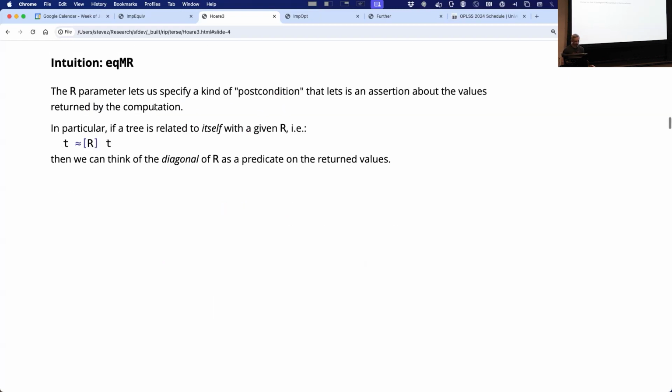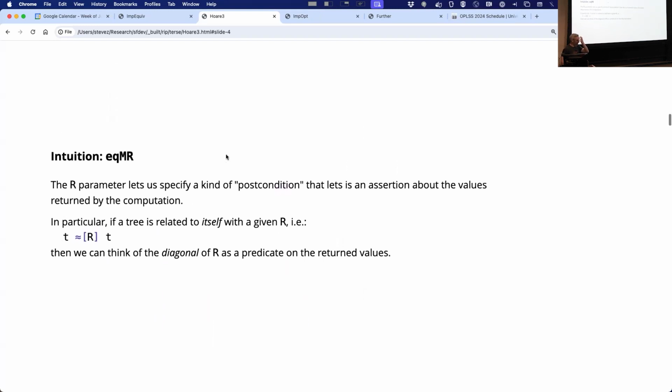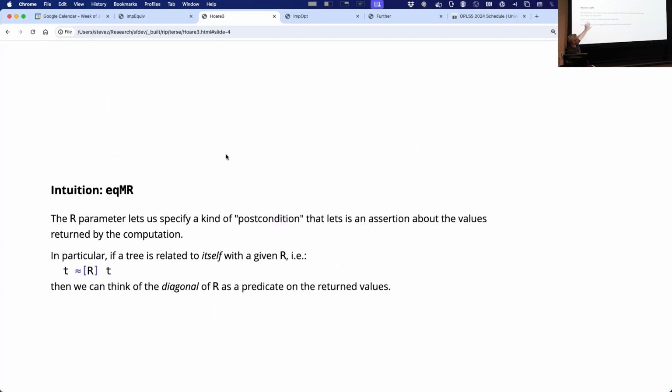Good. OK, so here's some intuition. You can think of R as a predicate on the leaves of these trees, right? And you'll remember that Amal may have mentioned something called the fundamental theorem of logical relations, where you have a term related to itself at the logical relation type.